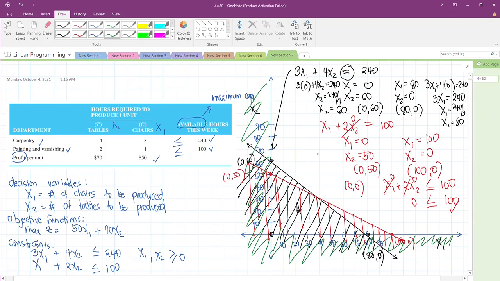So, that's why, para malaman natin yung tinatawag nating feasible solution space. Ano ba yung feasible solution space? Dapat mag-correct siya sa constraint 1 and constraint 2 and yung non-negativity. Okay? So, saan yun, ma'am?